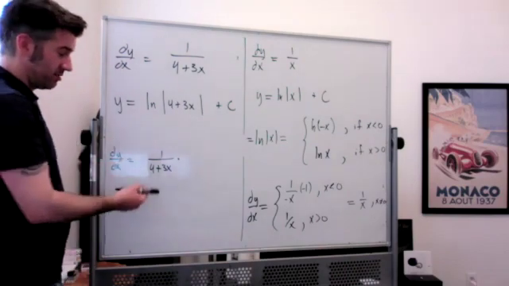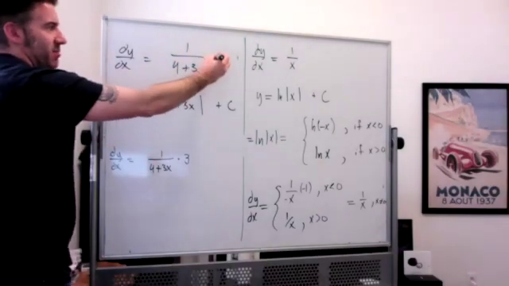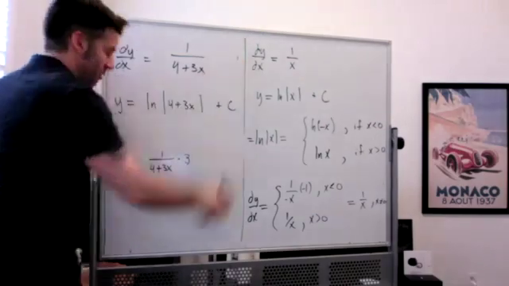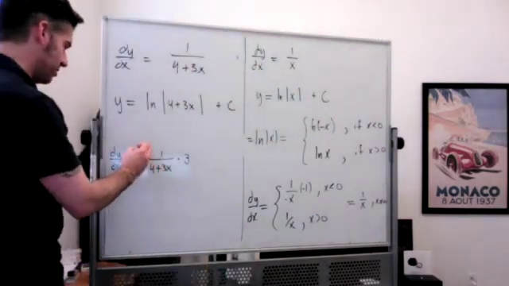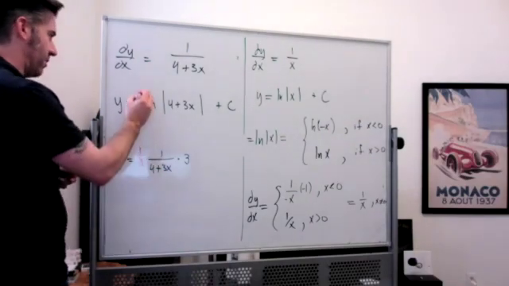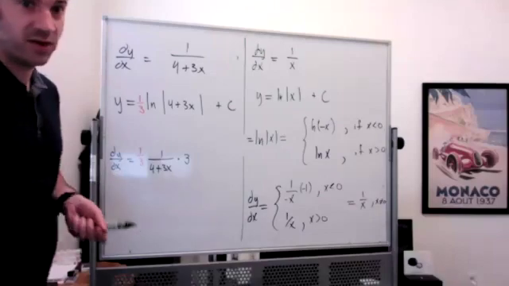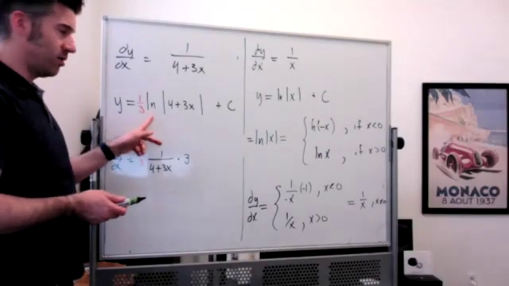The derivative of the stuff. Right. I don't have a times 3 up here. So since I don't want there to be a times 3, I need to divide by 3. So the antiderivative of 1 over 4 plus 3x is 1/3 natural log of the absolute value of 4 plus 3x.